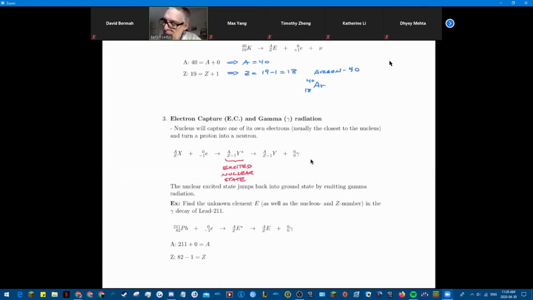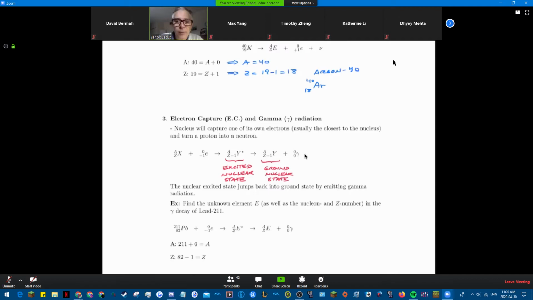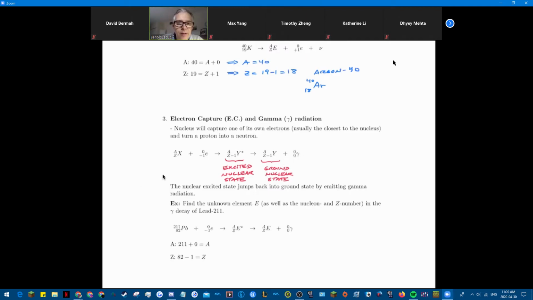So here, this is the ground nuclear state. Gamma radiation is not a nucleon, so it's 0. It doesn't have any charge too. So basically, you go from A plus 0 equals A, and Z minus 1 stays Z minus 1.